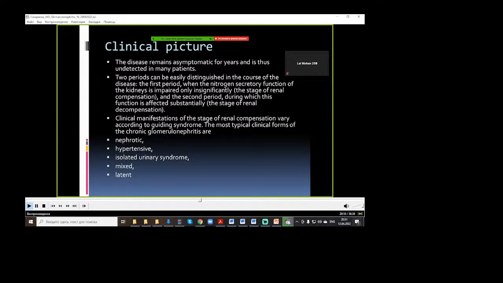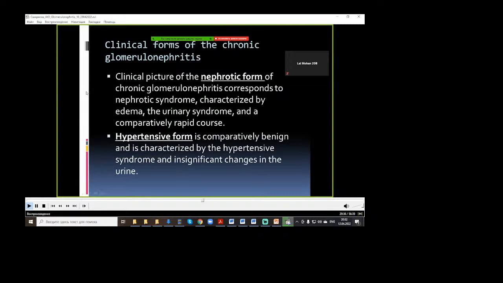For the first stage, renal compensation, clinical manifestations may vary according to the guiding syndrome, and the most typical clinical forms of chronic glomerulonephritis are nephrotic, hypertensive, isolated urinary syndrome, mixed, and latent. Clinical forms. First, nephrotic syndrome.